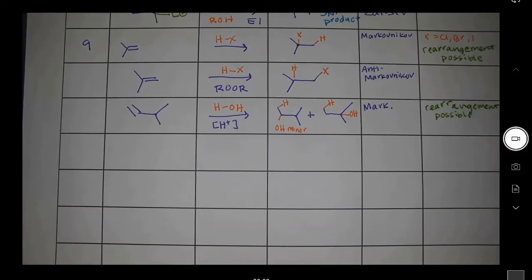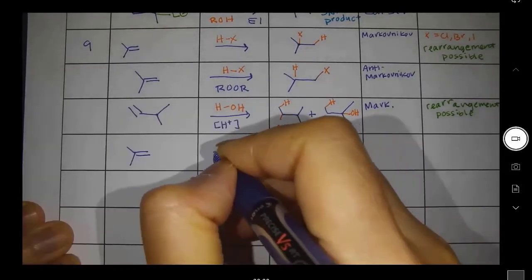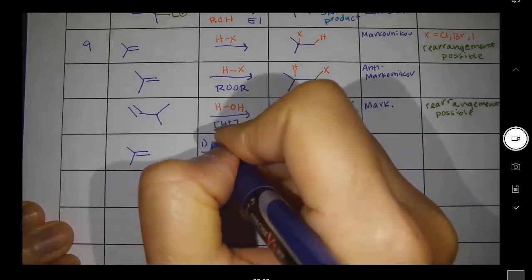All right, so those were the reactions for 9A. For 9B, which I just kept in the chapter 9 section here, I have the same generic alkene. And this one involves mercury.